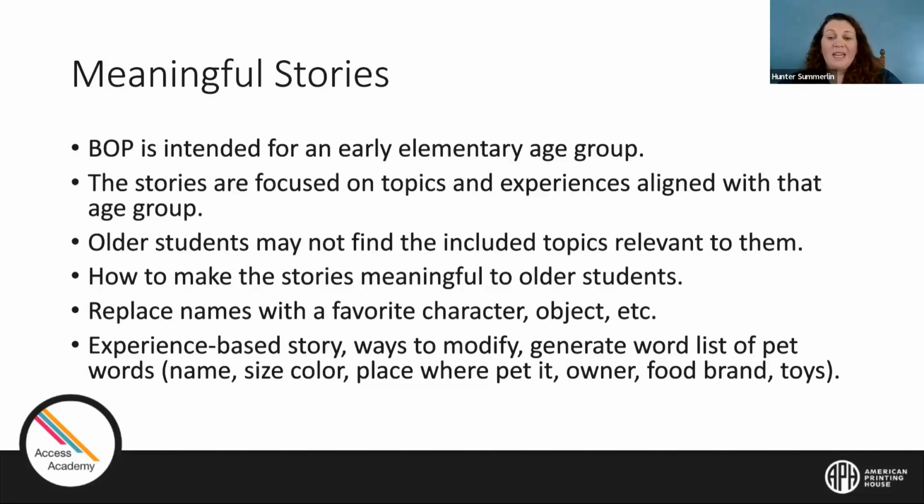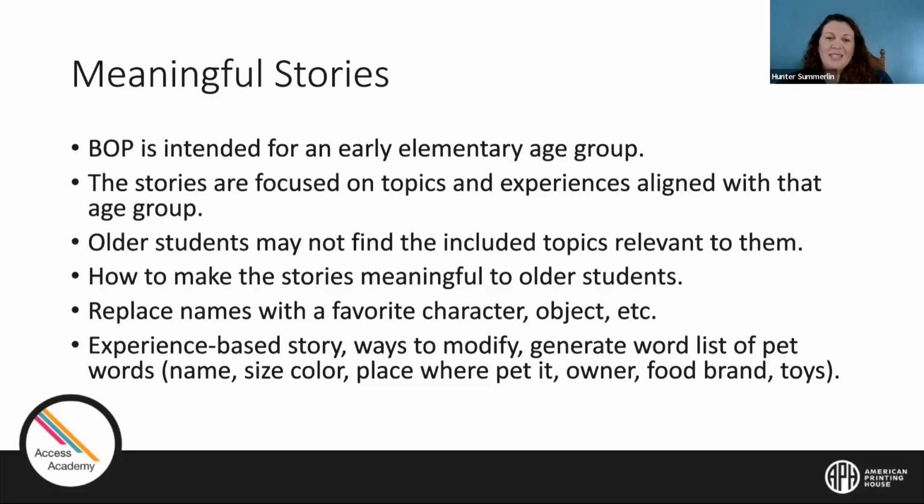Modify it in terms of generating a word list, such as pet words. You could talk about the name of their pet. If they don't have experience with a dog, or they might not have pets at all, but their latest thing is chinchillas, then you can make a name for that chinchilla.